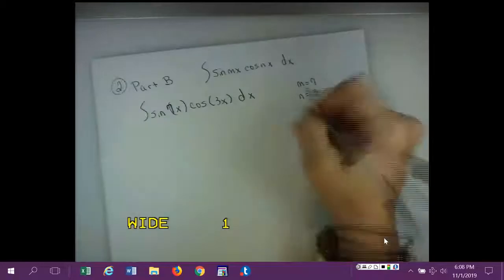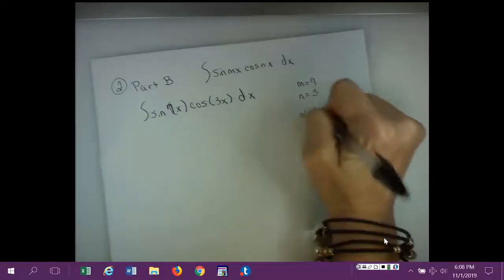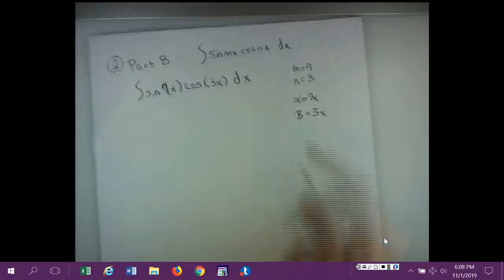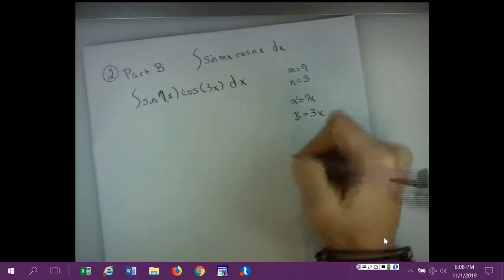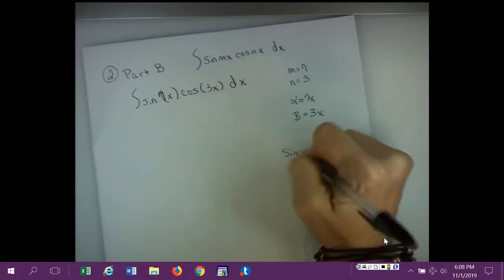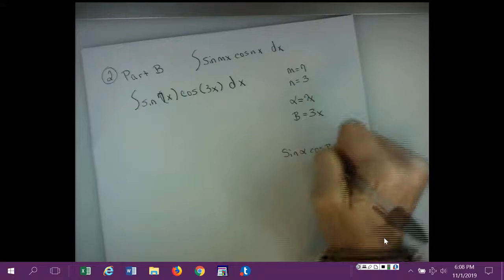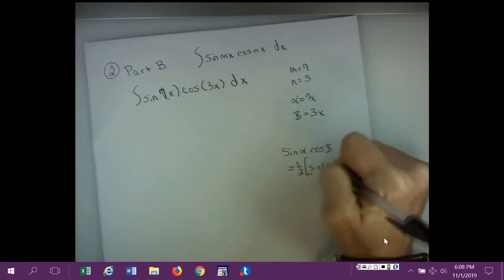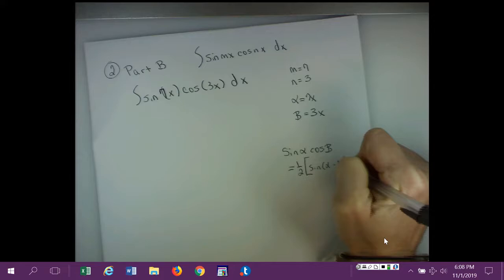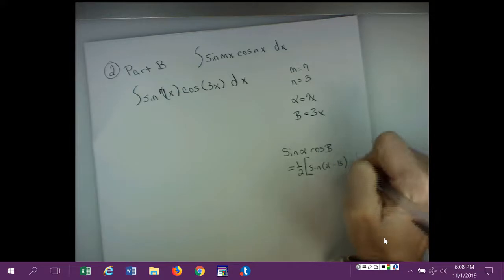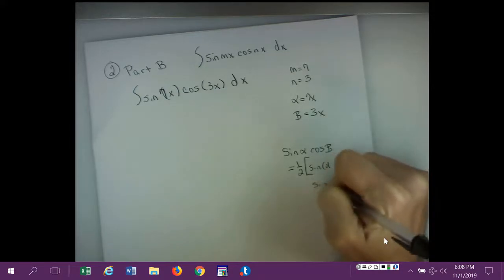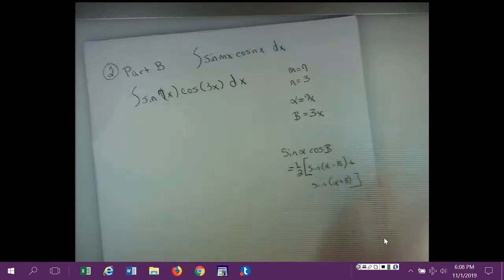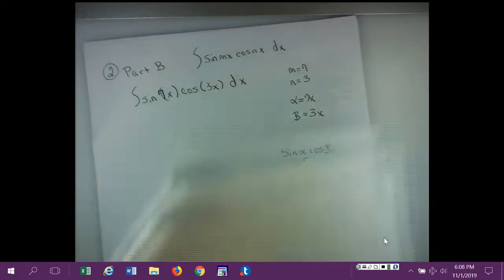In this case, alpha is 7x and beta is 3x, if you want to think of it that way. I'm also going to write the identity down. Sine of alpha cosine of beta is 1/2 sine of alpha minus beta plus sine of alpha plus beta. And that again is coming from here.